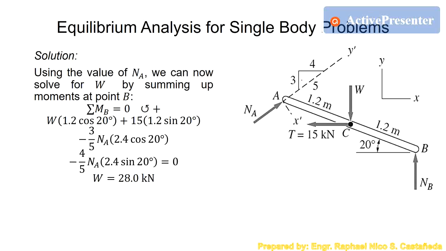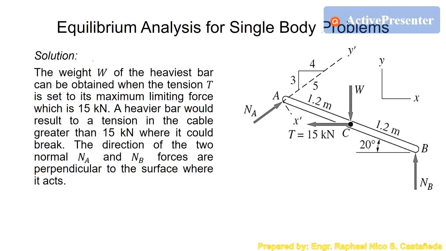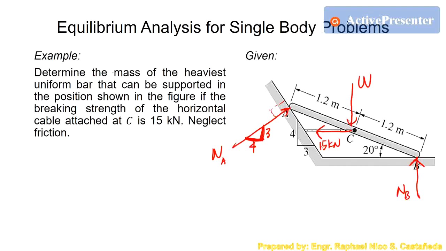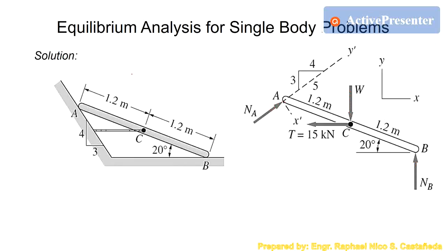By the way, what is being asked in the problem here is we solve the mass of the bar. The mass of the bar will depend on the weight because it is mass over gravity. So the mass is equals to weight over gravity. So our target here is to get W. If we already get W, that is the only way we can get the mass.